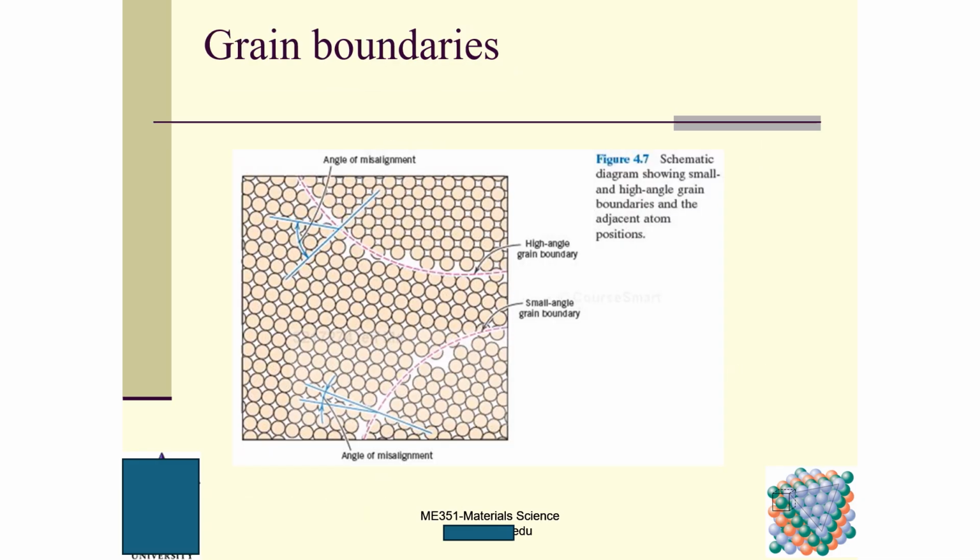The grain boundary is the most commonly seen interfacial defect here. You can see this is one grain, this is one grain, and this is one grain. This grain and this grain have different orientations, and you can see here these are two orientations. These are lines here, and you can see this is a misalignment angle.